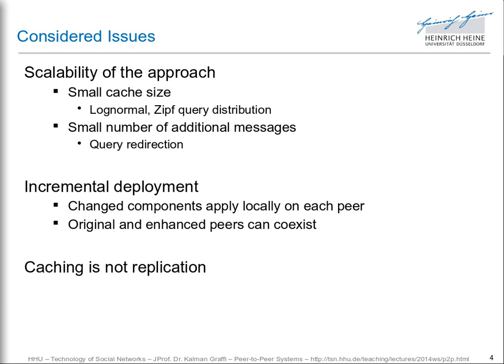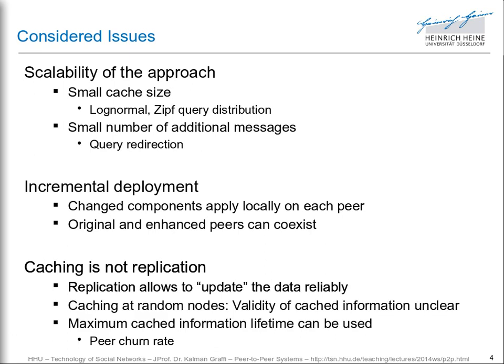Caching is not replication, because the replication process allows updating the data reliably, but caching does not.